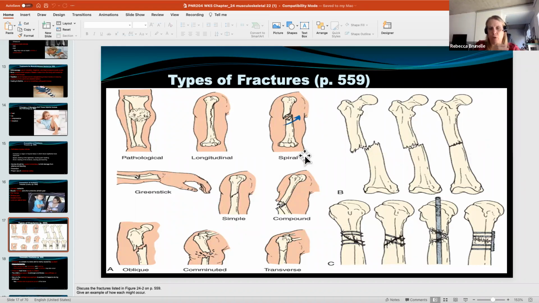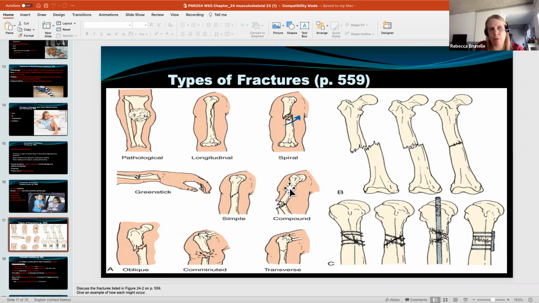You can imagine that if you grab a child's arm and twist it so hard that it causes a fracture, that's child abuse. So if you ever see a spiral fracture, you have to have on your differential list that it could be child abuse. And this one here is compound.